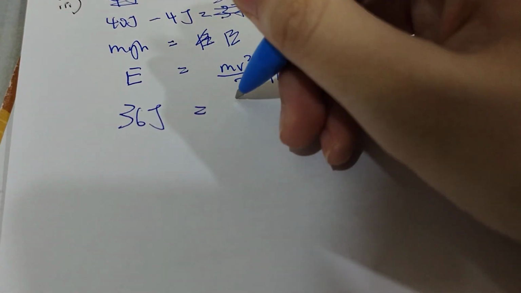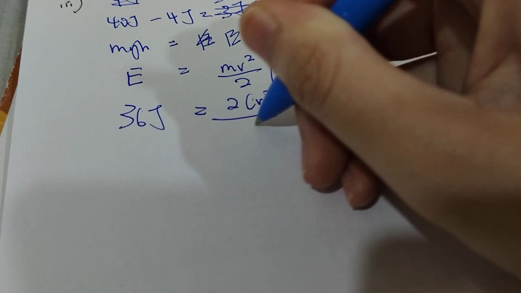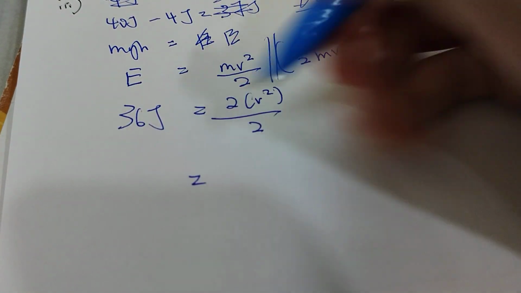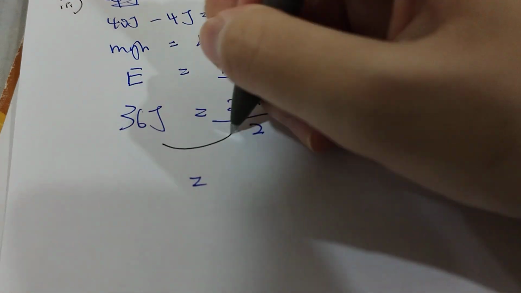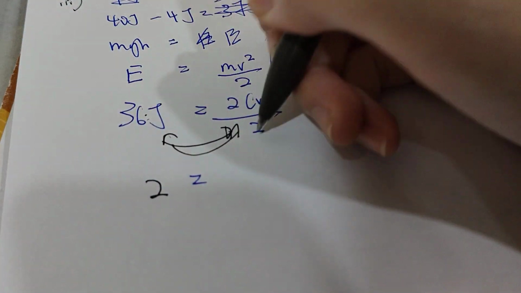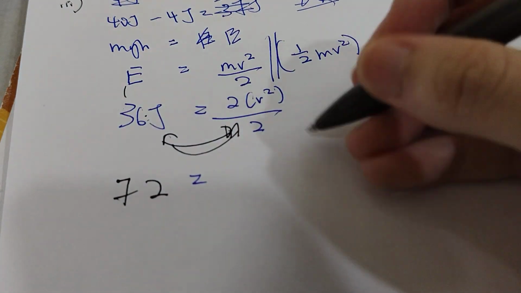is equivalent to mass, which is 2, times the velocity, which we don't know, squared, divided by 2. If you are not strong in maths, I'm just gonna do it simply. So 36 times 2 gives you 72.